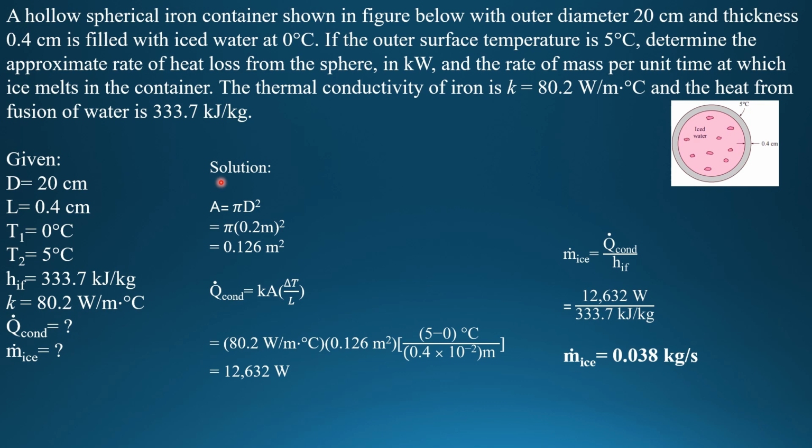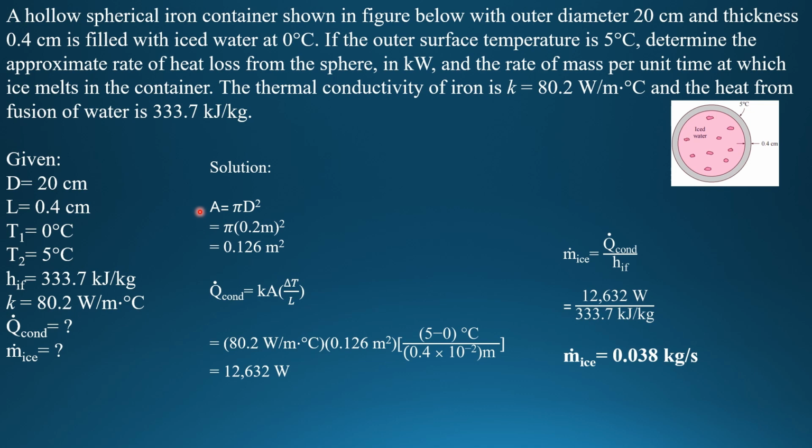Here is the solution. We have here the equation of the heat conduction per unit time that is equal to the thermal conductivity times the area times the change of temperature over the length. Before that, we will be solving for our area.